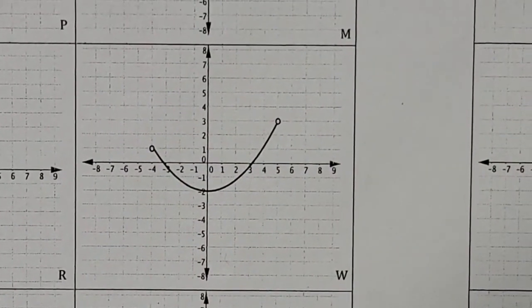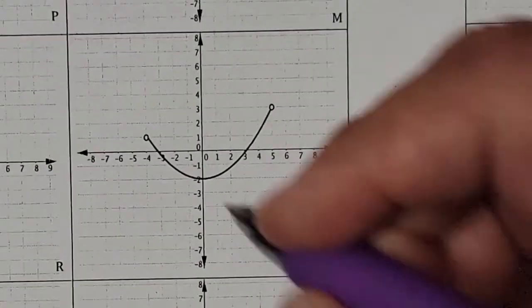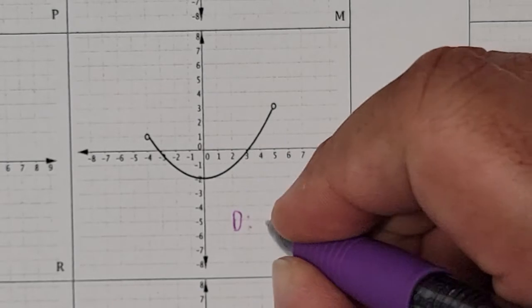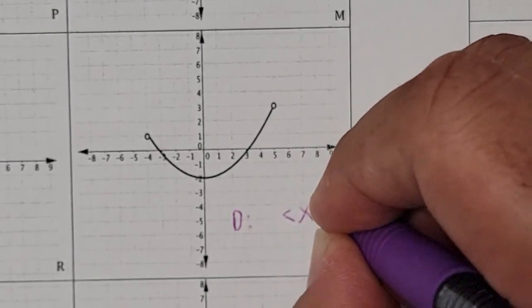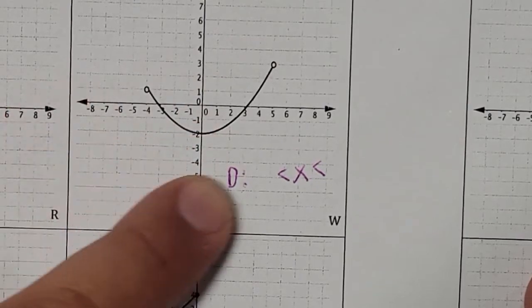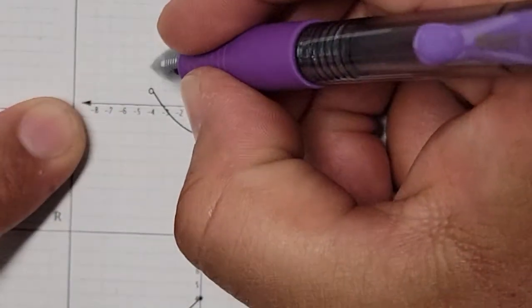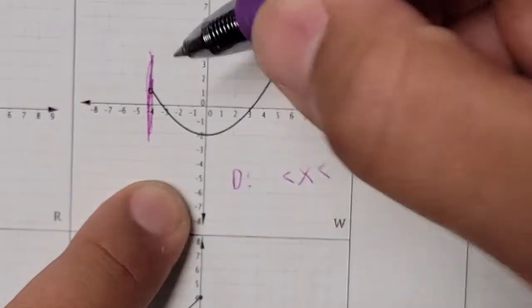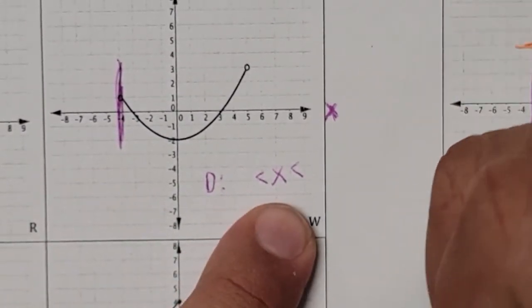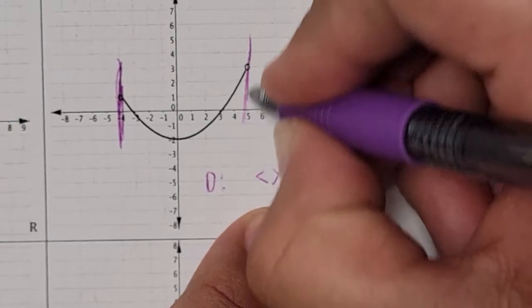Okay. So for my domain, remember it's always the same setup. Less than x less than, and this is the whole graph. The left side of the graph is right here. I'm only looking at the x numbers, because it says x. This is the right side of the graph, right?